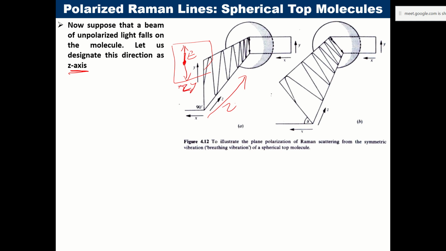Light is propagating along the z axis, and so the electric field vector is confined to this plane.